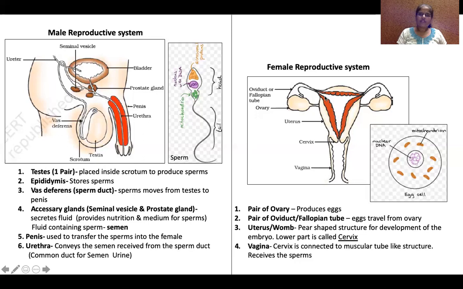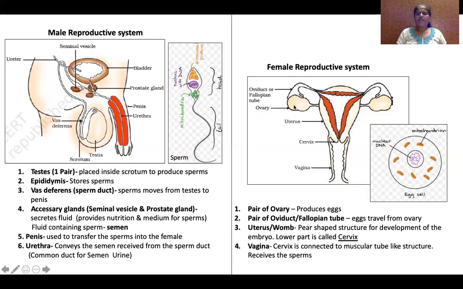Earlier I told you that at puberty, females will start the menstrual cycle. What is the menstrual cycle? Let us know before going into the process of reproduction.